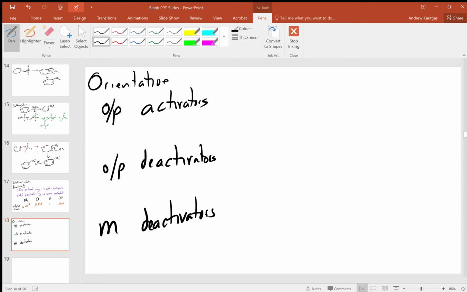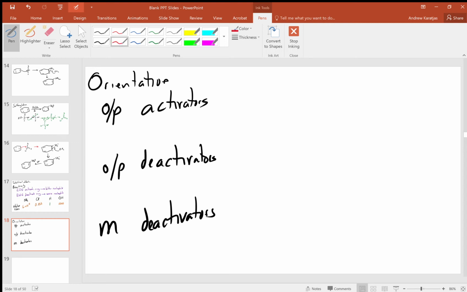So the activator or deactivator piece is whether this group is making the ring more or less reactive. And then our other part of the description is where that substituent's going to go. Is it going to go ortho-para or is it going to go meta?